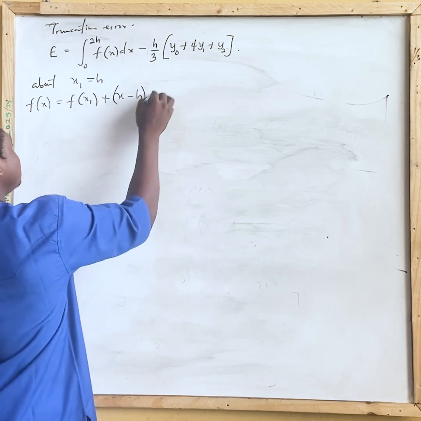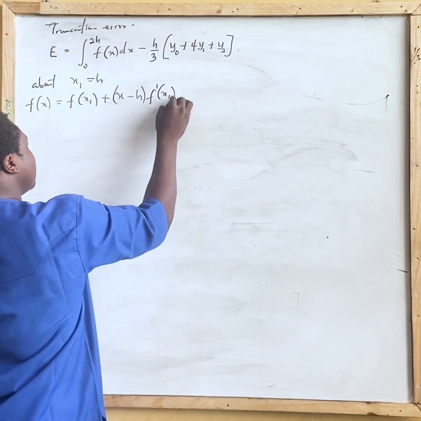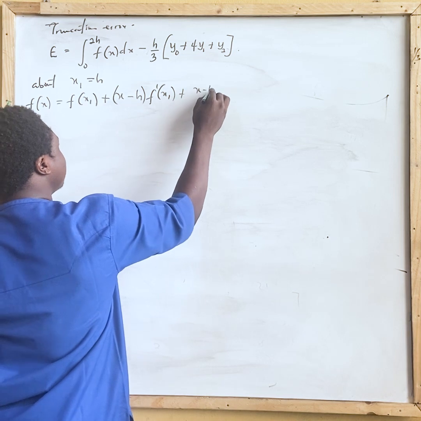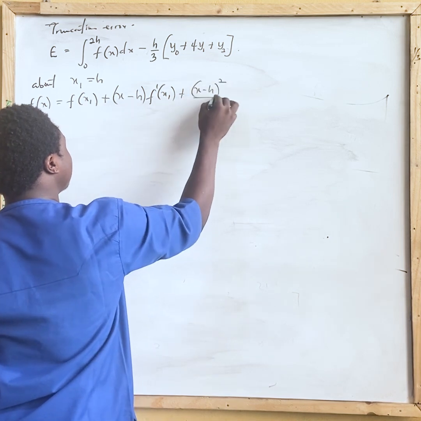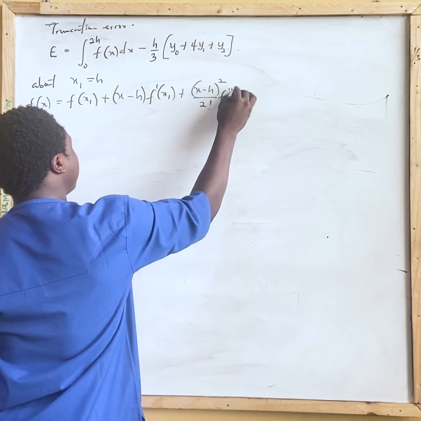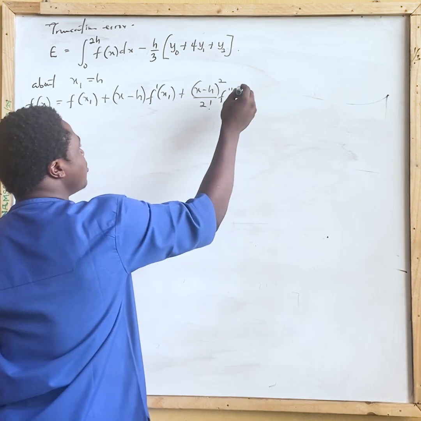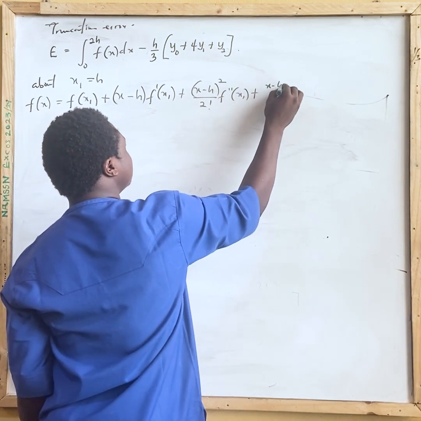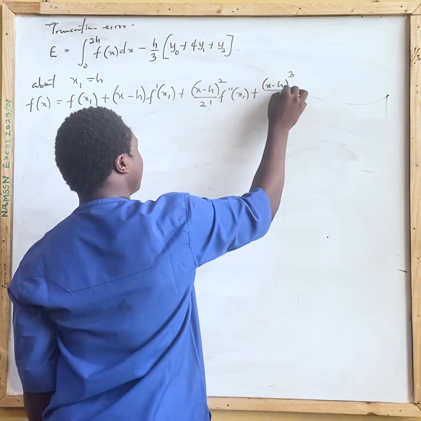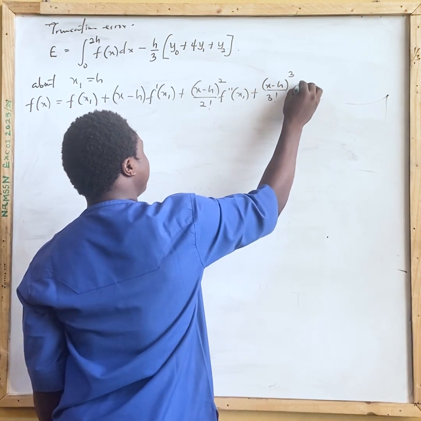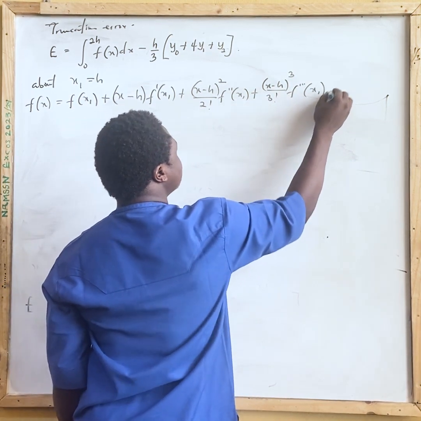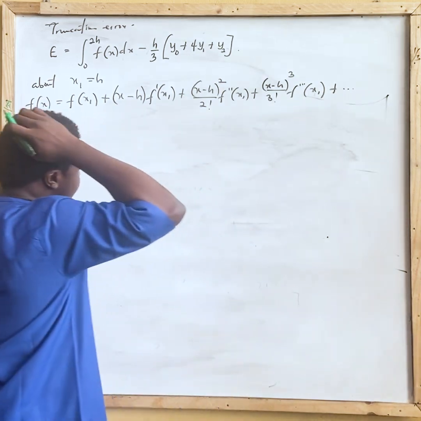So x minus h f prime of x1 plus x minus h squared over 2 factorial f double prime x1. Can go ahead, say x minus h cubed over 3 factorial f triple prime x1, and so on and so on.